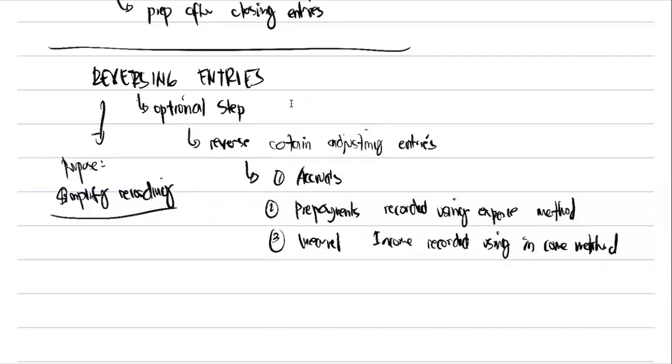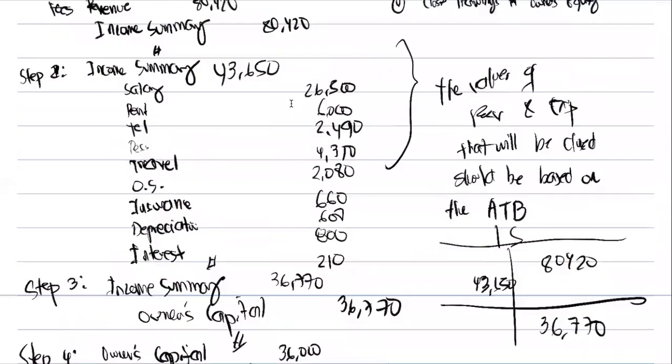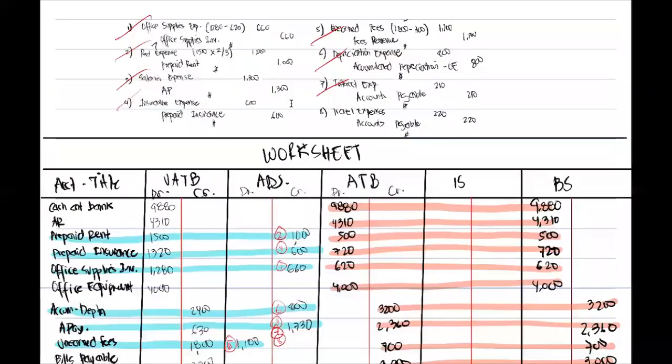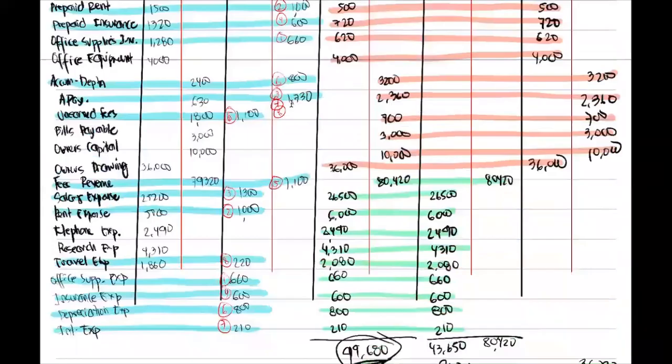Okay, so why do we simplify the recording? So for example, for accruals, this is your adjusting entry. So what is our example of adjusting entry a while back with your accrual? So ito, halimbawa, travel expenses and accounts payable, 220.